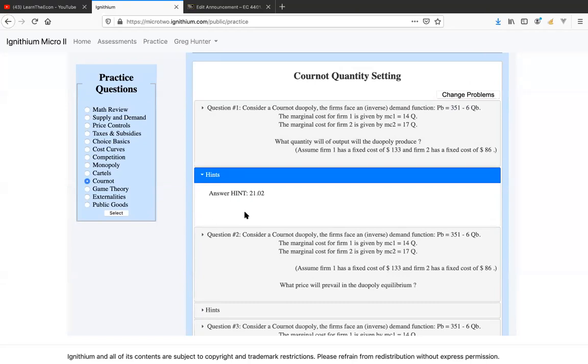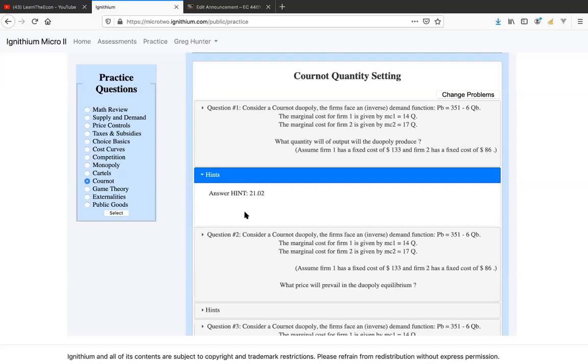So now we have the industry quantity, which is our question here, but we still have to use the two reaction functions to find the quantities that we don't know for the 21.02. I would imagine, because the marginal costs are pretty close, that they're going to be splitting the market almost evenly. So 14Q and 17Q, those are pretty close to one another.